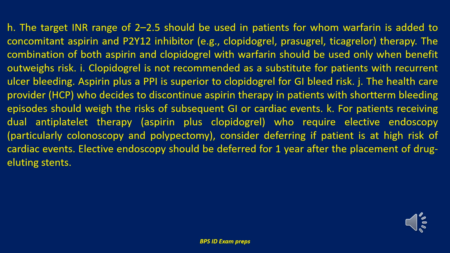K. For patients receiving dual antiplatelet therapy, that is aspirin plus clopidogrel, who require elective endoscopy, for example particularly colonoscopy and polypectomy, consider deferring if patient is at high risk of cardiac events. Elective endoscopy should be deferred for 1 year after the placement of drug-eluting stents.